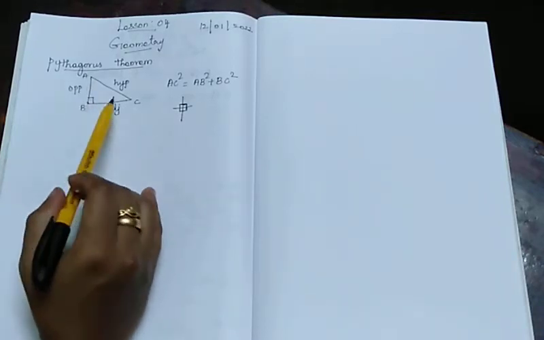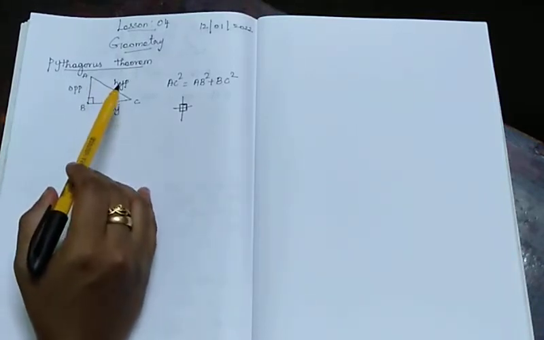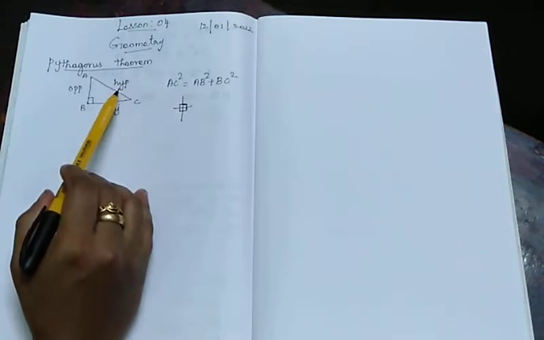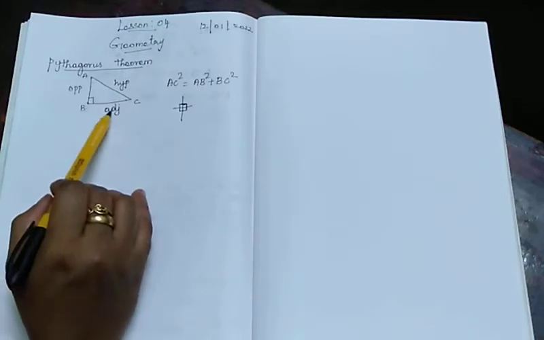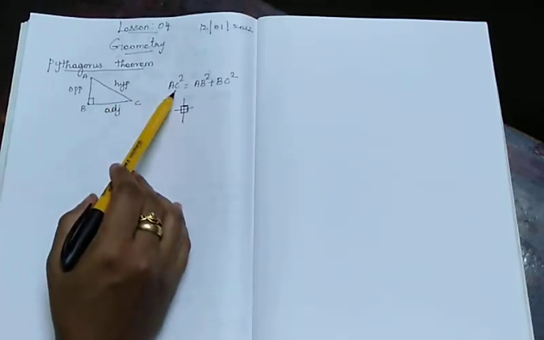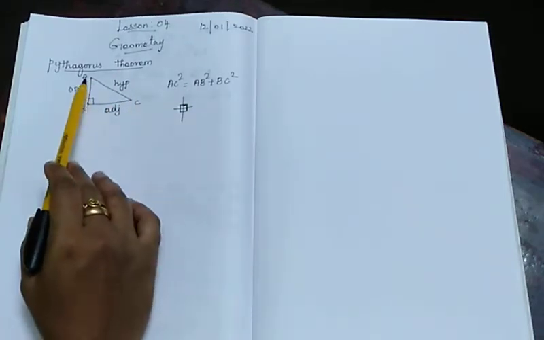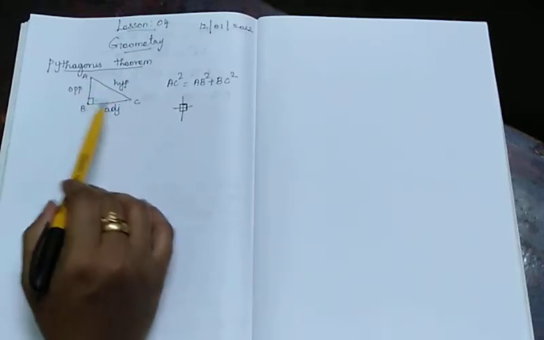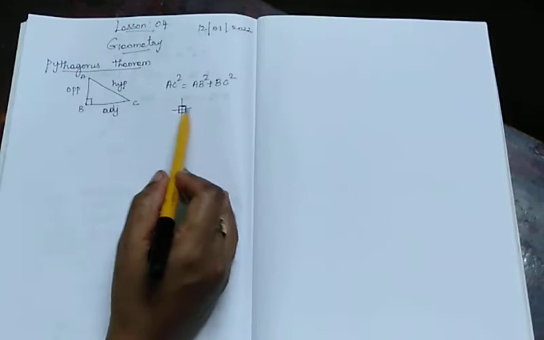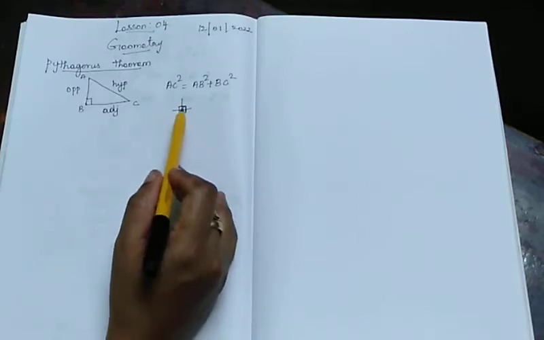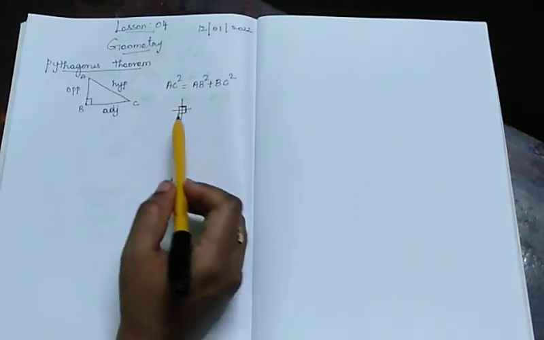The square of the hypotenuse is equal to the sum of the squares of the other two sides. The letters will differ based on the letters in your given picture. Also remember one more thing: when two lines intersect perpendicularly, the angle formed is 90 degrees.